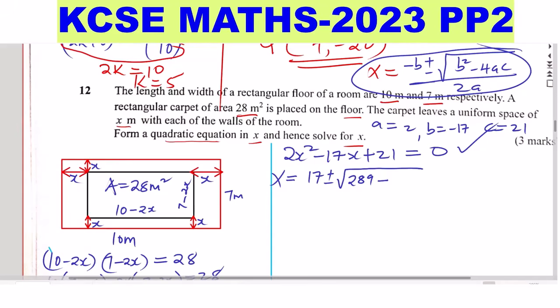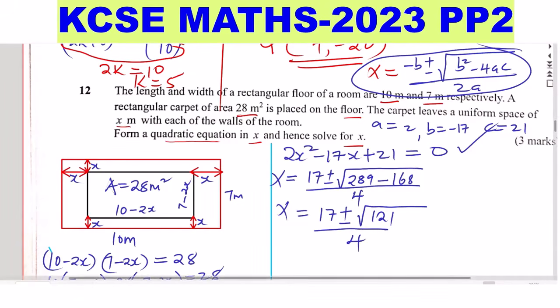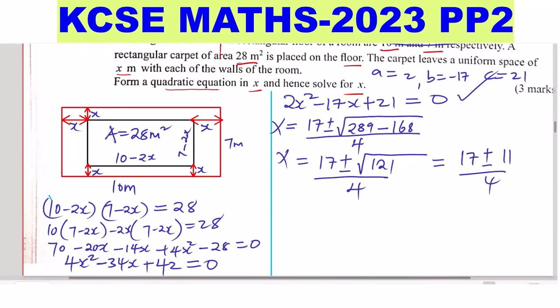That will give 168. Then everything divided by 2a, 2 times 2, you get 4. So x will be 17 plus or minus the square root of 289 minus 168, you get 121, divided by 4. And this will give 17 plus or minus the square root of 121, which is 11, divided by 4. So from here you can get two answers.